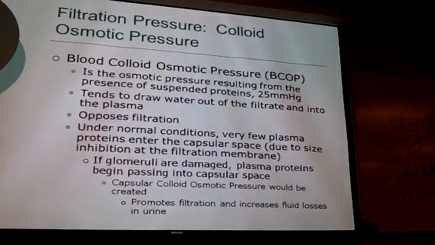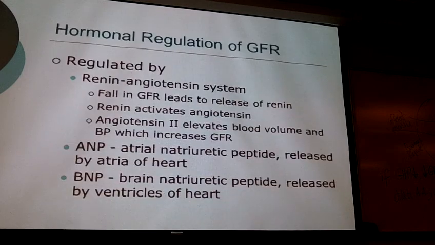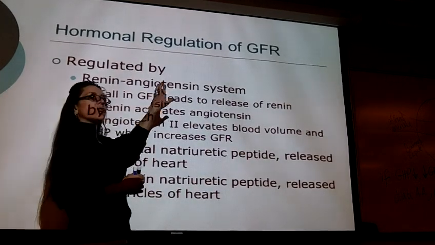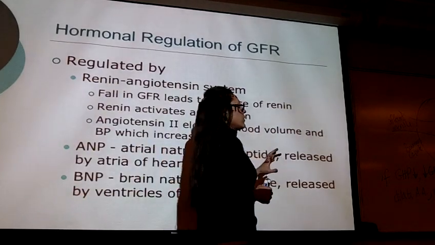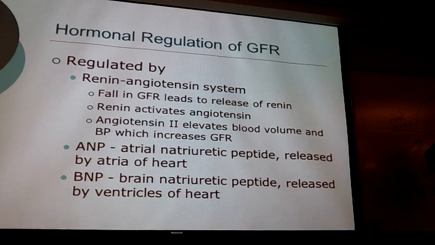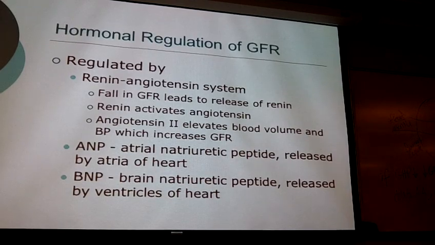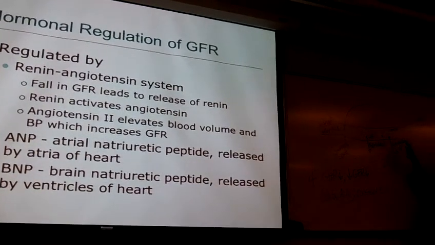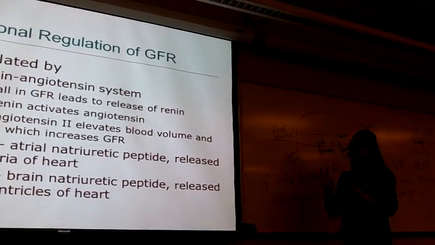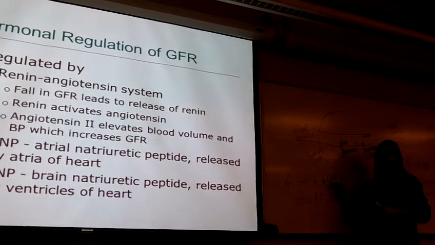So, if we go back here, if we have a drop in glomerular filtration rate, and again, that could be due to something that's happening systemically, like a drop in blood pressure systemically, or it could be something that's happening just here within the kidneys itself. But whatever the reason, we have a drop in GFR.